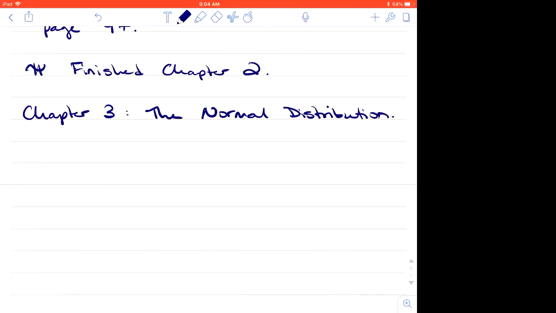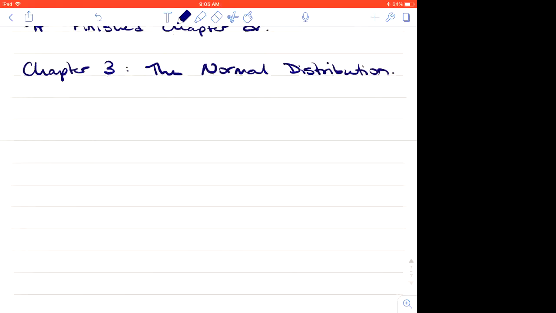So the normal distribution, we've talked about the normal distribution, right? We said that it's going to be this kind of bell shape. And we talked about how we describe the normal distribution: we talk about the shape, the center, and the spread. The center for a normal distribution, we use the mean, and the spread, we use our standard deviation, for our numerical measures.